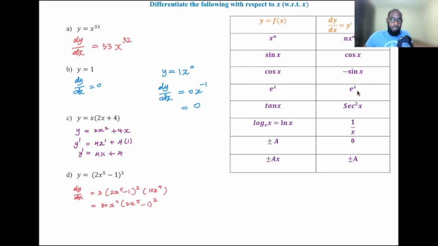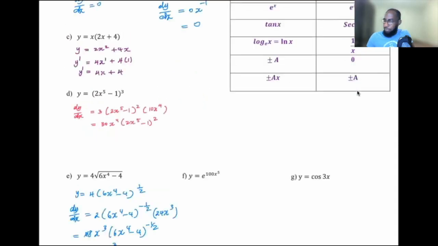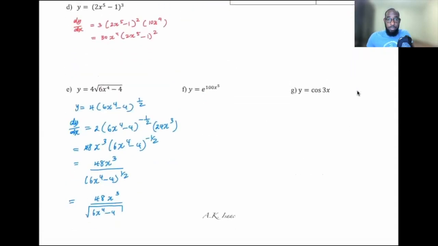So there are teachers who will explain that further, right? So I'm one of them. So if y equals e to the 100x to the power 5, if you differentiate y equals e to the x, you will get e to the x. So if you differentiate y equals e to the 100x to the power 5, dy dx, you have to write down the same thing, e to the 100x to the power 5.